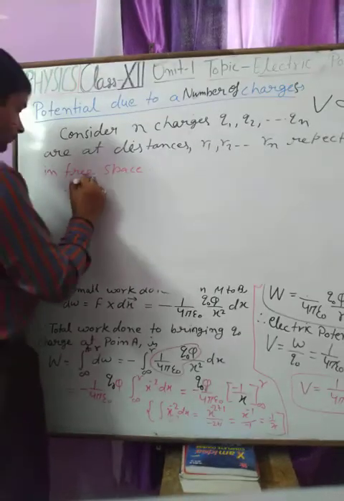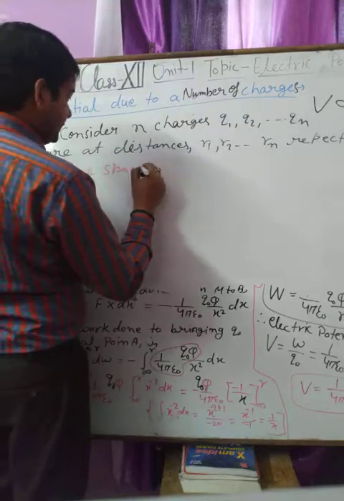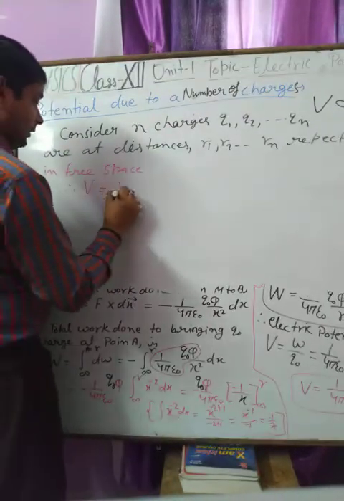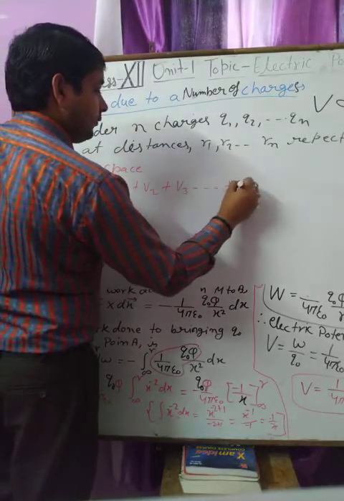Therefore, the potential at the point is V1, V2, V3, Vn.